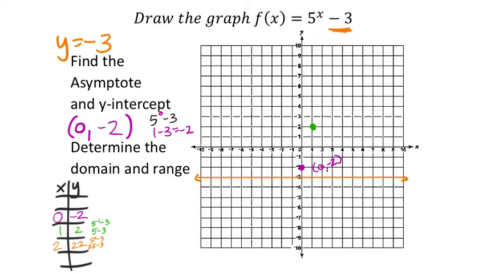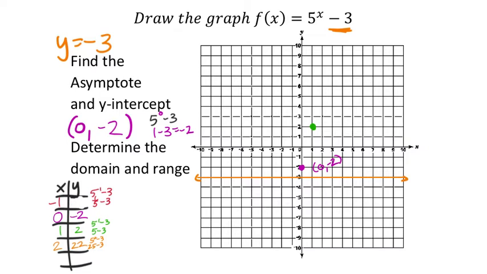Let's choose x is -1. So that would be 5 to the power of -1 minus 3, which would really be 1/5 minus 3. So -14 fifths. The fraction's not going to help us, so let's make that a decimal instead.